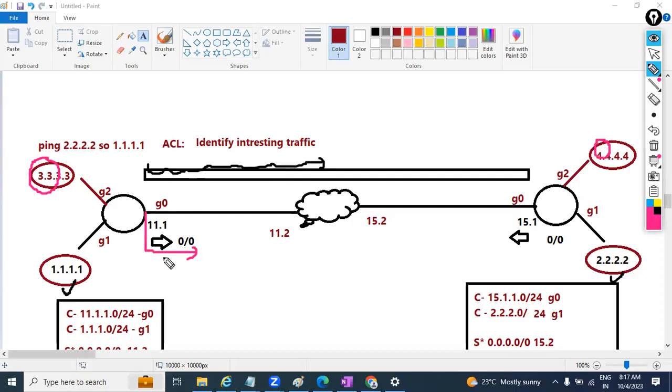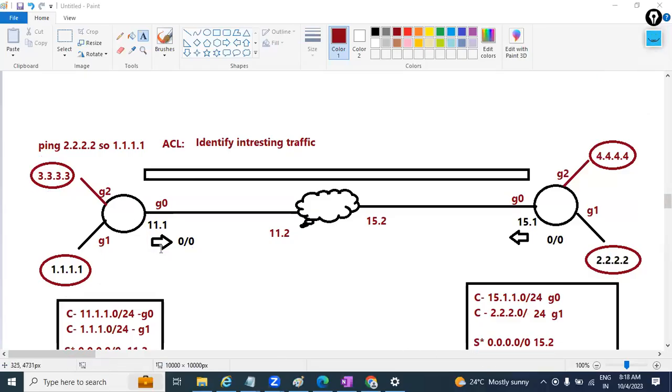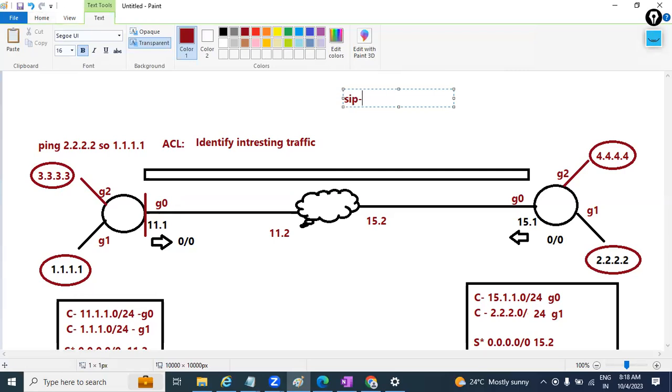So previously we were playing with the routing. This time we don't have to play with the routing because we have the same default route on both sides. So this time in the VPN configuration, we have to use one ACL on this interface, and in this ACL we have to define if my source IP is 1.1.1.0/24, if my destination IP is 2.2.2.0/24.